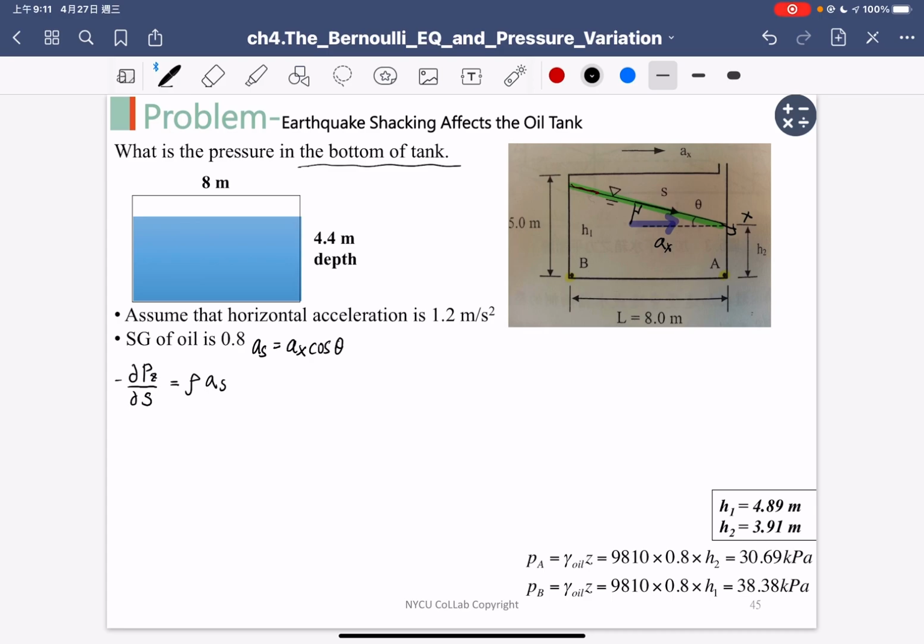Okay, and I highlight the points in here. This is S1, the streamline 1, and this is streamline 2. So we have two points, streamline 1 and streamline 2, and we can expand the Euler equation in here. So we know that the minus piezometric pressure difference will equal the constant density rho AS dS, right?